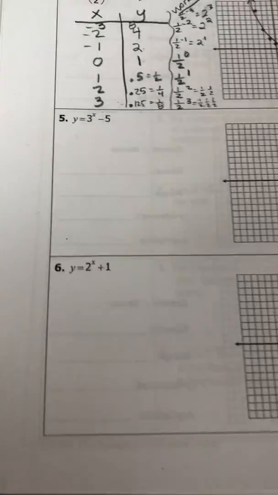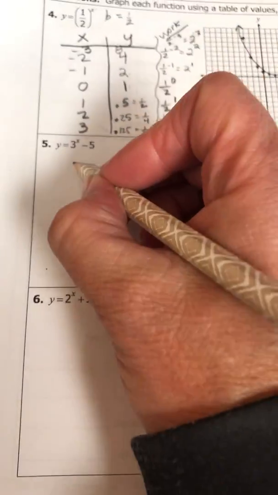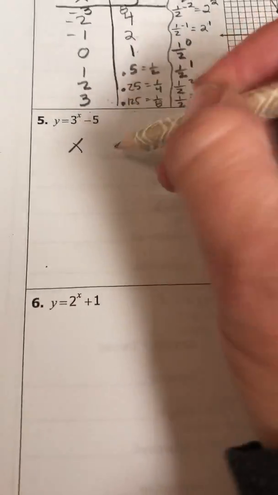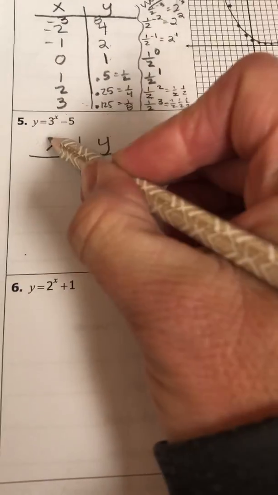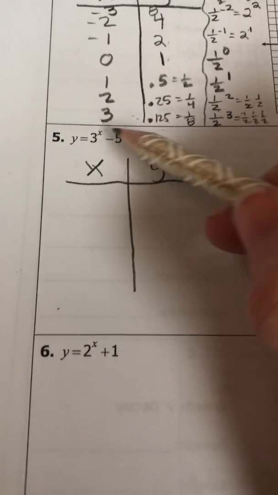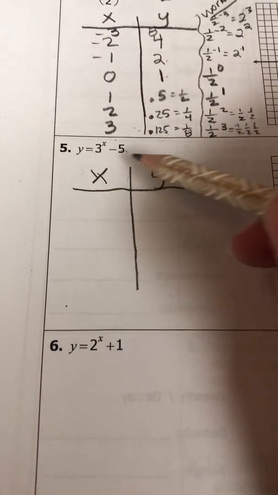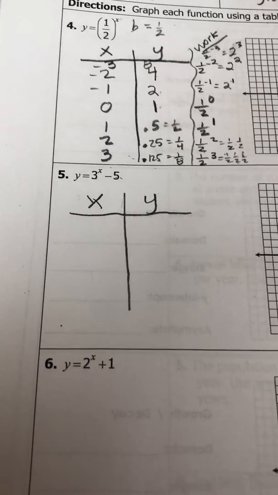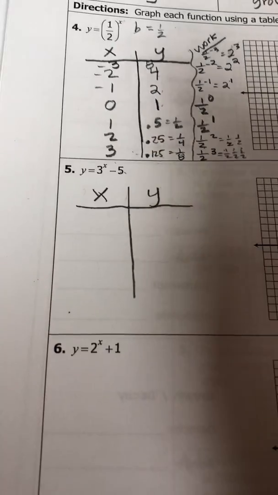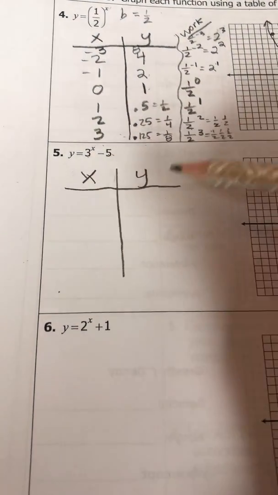Okay, let's do maybe one more. So over here, again, I'm going to set up another function table, and I'm going to try to show as much work as I can. If I analyze this form right here, I have an exponential value here.